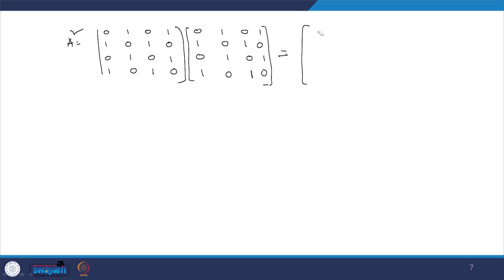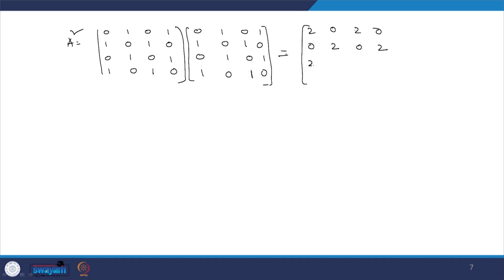So, first entry will be 2 because 0 1 0 1, okay. Second entry will be 0, third entry will be 2, fourth one 0, second this will be 0 and this will be again 2, second column will be 2 and then third one will be 0, it will be again 2.